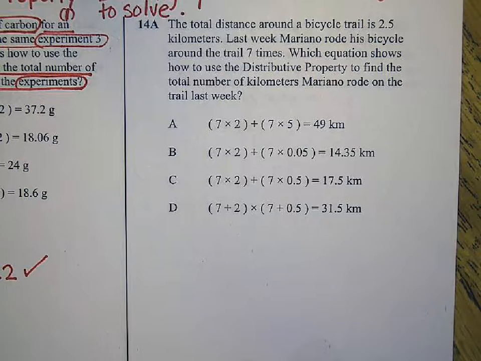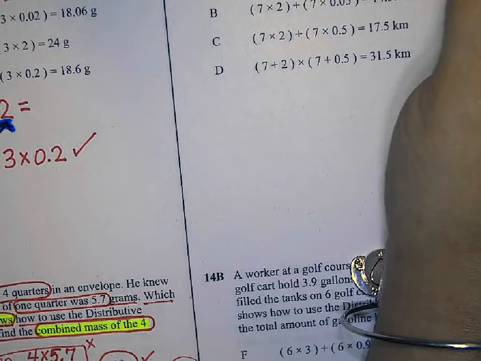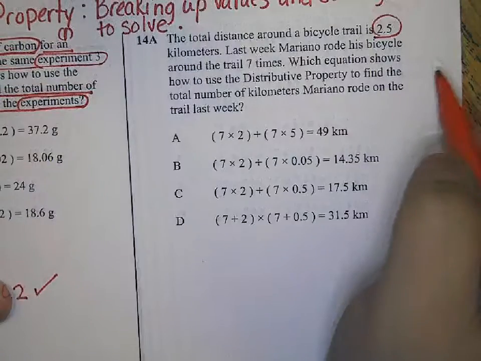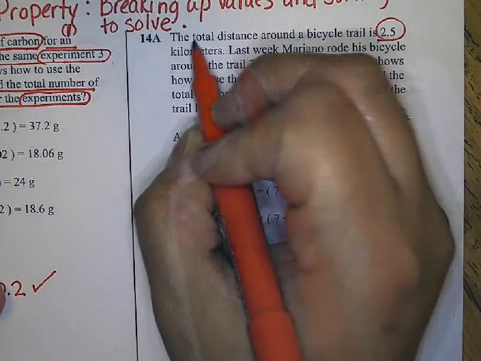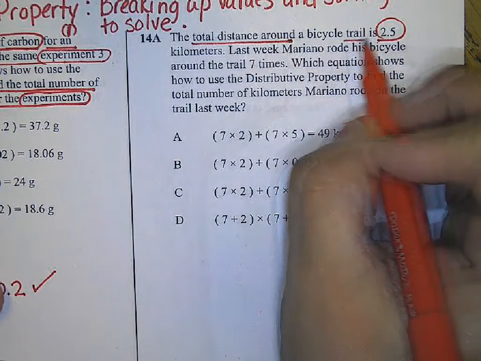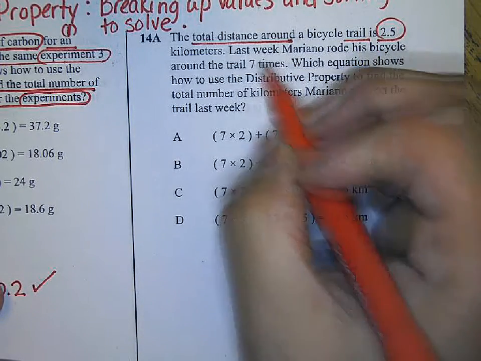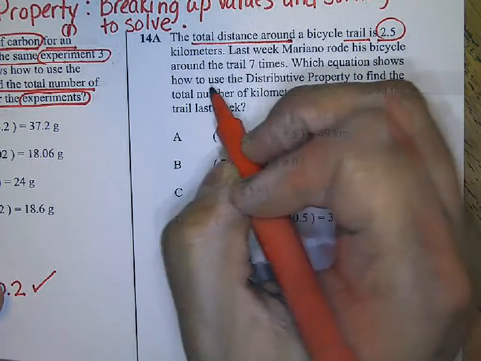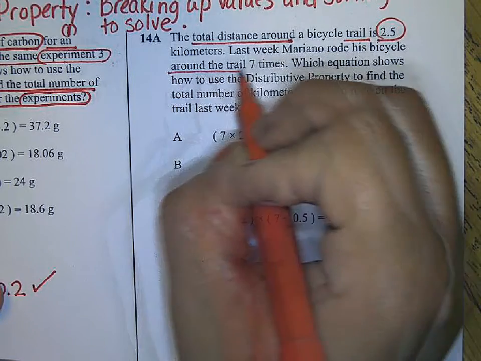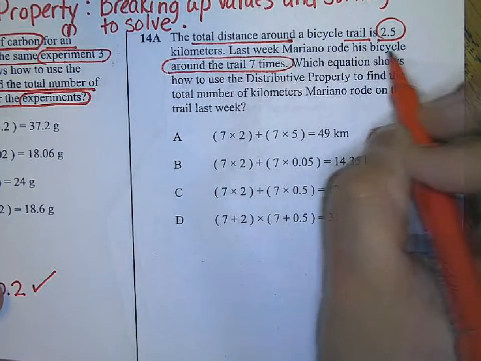Alright, so the total distance around the trail is 2.5 kilometers. Last week, Mariano rode his bicycle around the trail, so he rode it around the trail 7 times.